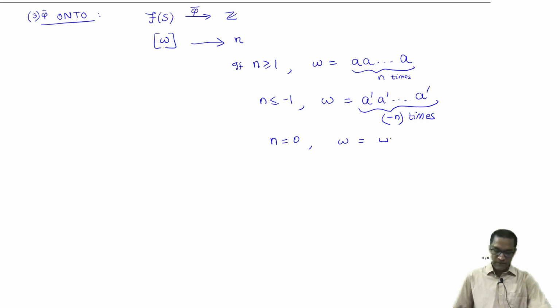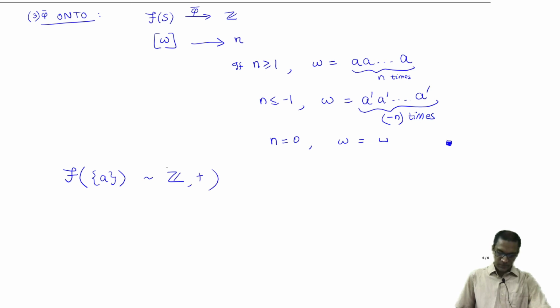So that's a nice tractable example. But a thing to keep in mind is that this proves our claim that F of a singleton, the free group, is just isomorphic to the group of integers.